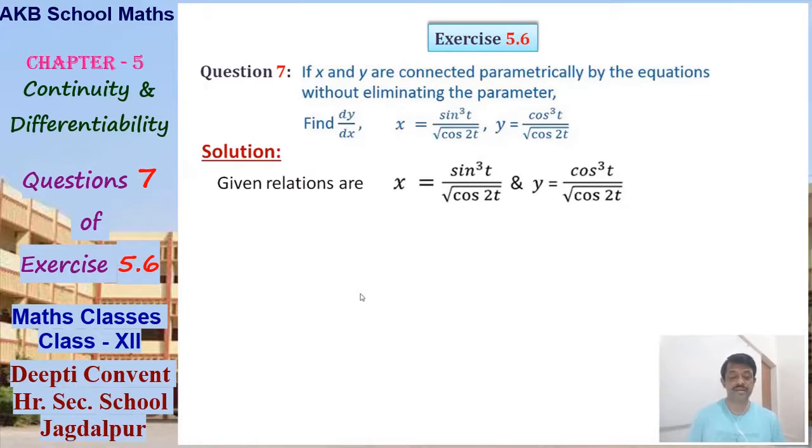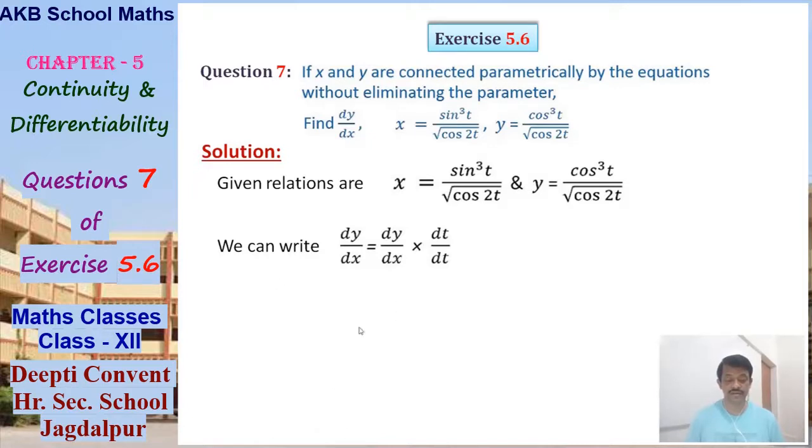Given relations are x equals sin cube t upon root cos 2t and y equals cos cube t upon root cos 2t. We can write dy upon dx equals dy by dt into dt by dx.